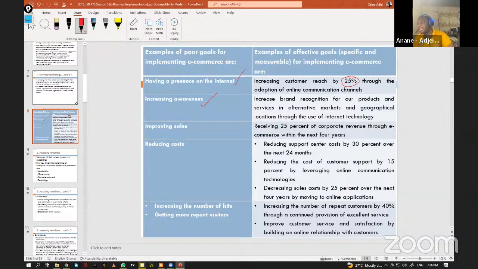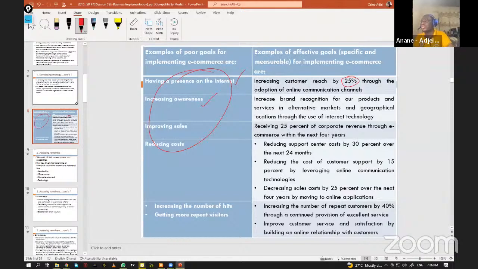So these are all examples of goals that people set, which are vague and can create problems as they want to implement the e-business solution. But if you want to have a specific one that is very effective, then it must be very specific and something measurable.